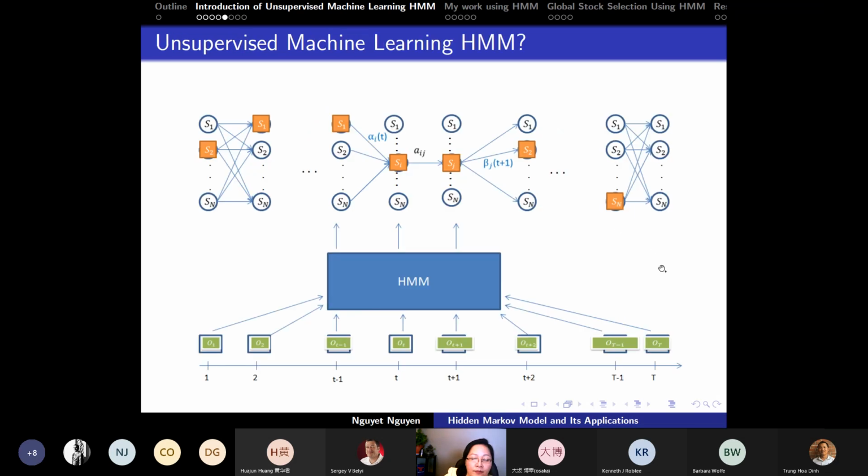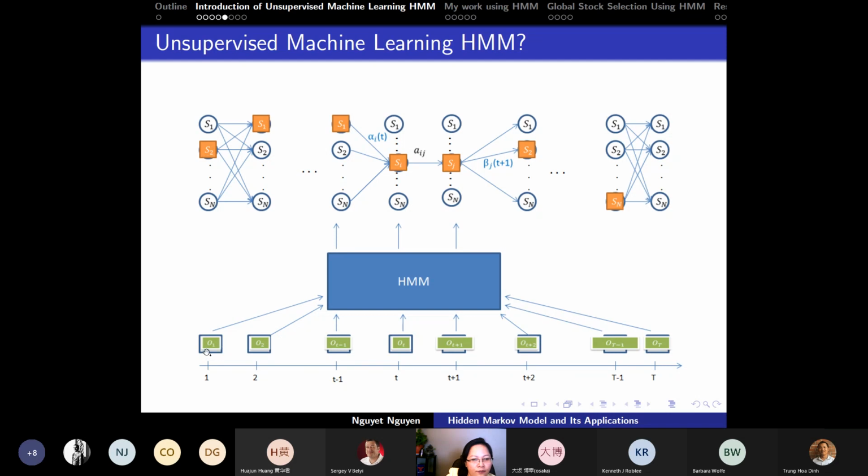So this picture shows you how we can use the hidden Markov model to solve a real life problem. Suppose that I have the observation data right here, maybe multiple observation data series, and I use the hidden Markov model. I train this model using the historical data. Then I can find the transition matrix. After that, I find the hidden states.